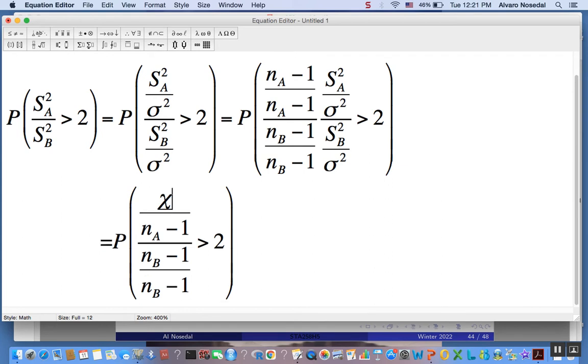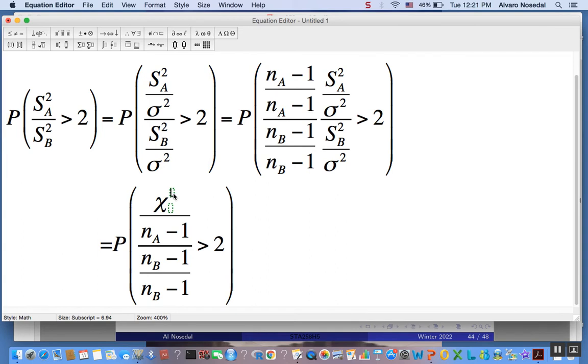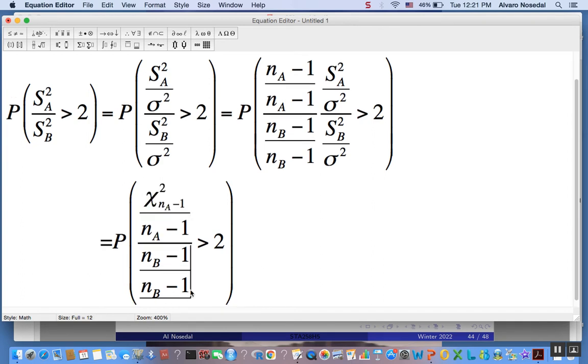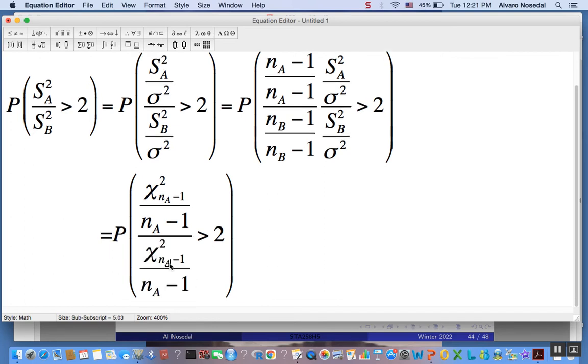So let me use that subscript here: degrees of freedom n sub a minus 1, and then a similar situation for the denominator. Make sense? So a chi-square divided by its own degrees of freedom.